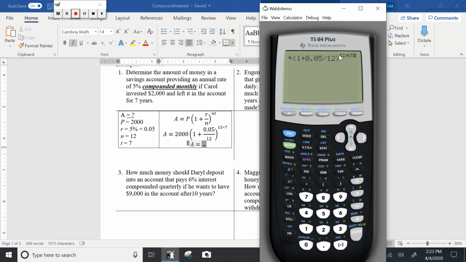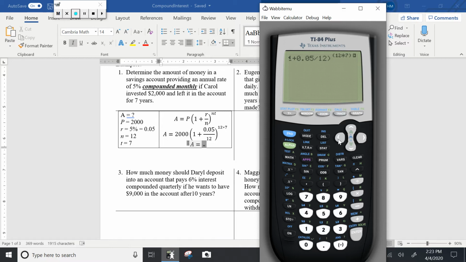Now on this calculator, when I push this exponent, it gave me this little box. Yours may not do that. If yours doesn't raise it up into the superscript area, what you want to do is put parentheses after that caret symbol. Put the 12 times 7 in parentheses.